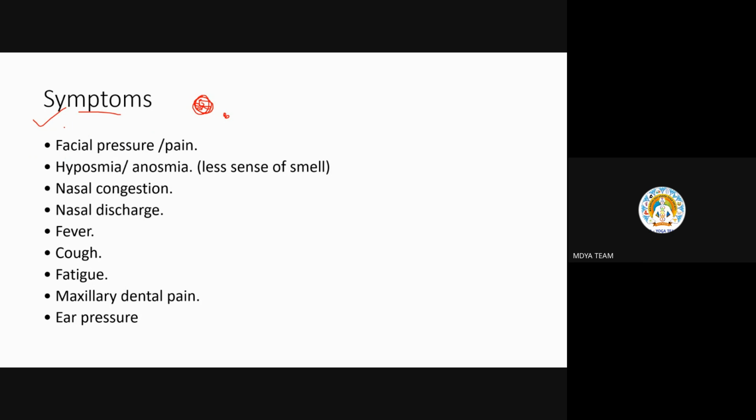Now the symptoms, which are very simple: facial pain, hyposmia or anosmia, which I told you means a reduced sense of smell, because of any hindrance or restriction. Nasal congestion, nasal discharge, fever, cough, cold, weakness, and many other symptoms could be there.